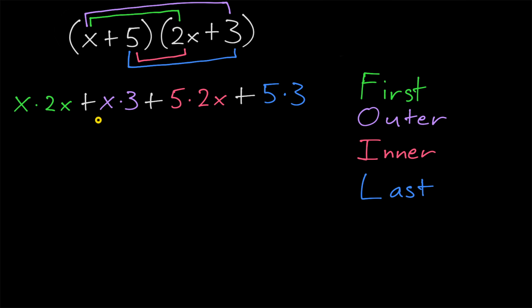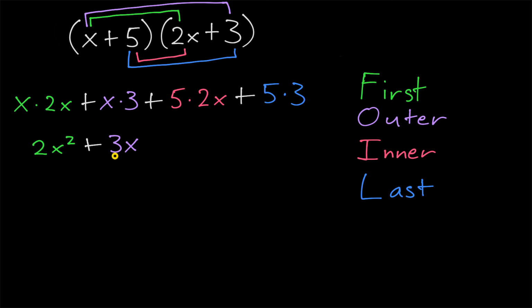Now let's perform the multiplication inside every one of these terms. x times 2x is simply equal to 2x squared. Plus x times 3, well, you can rearrange this to just 3 times x, or simply 3x.